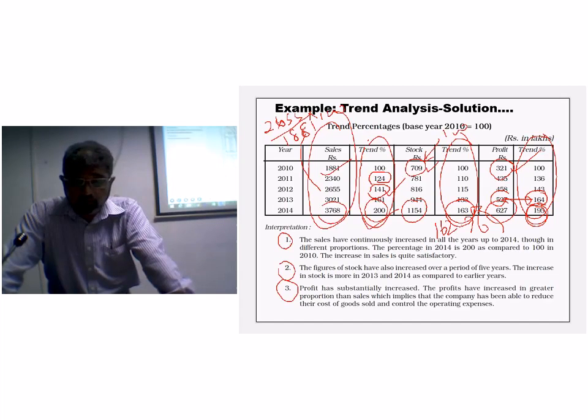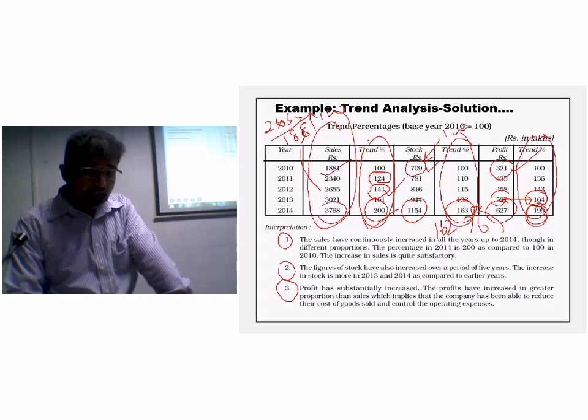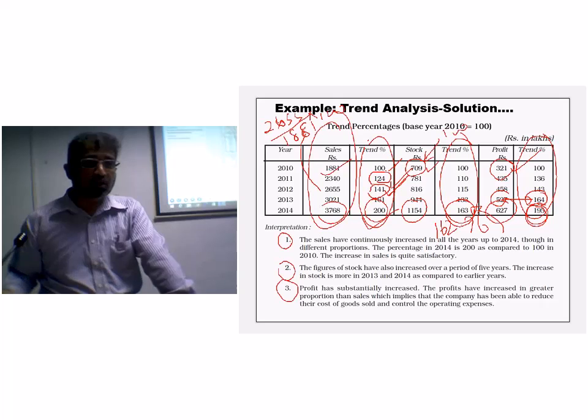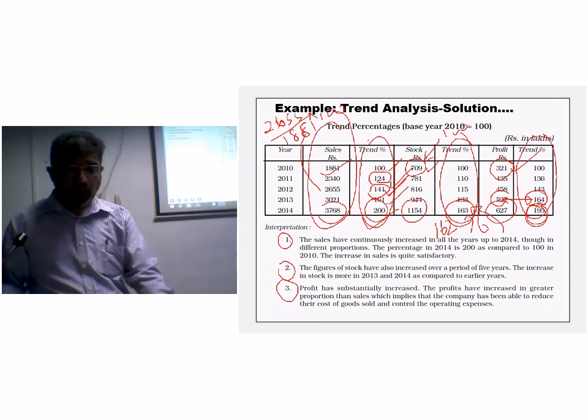The figure in 2014 is 200 as compared to 100 in year 2010. The increase in sales is quite satisfactory. That is the overall comment. But if you have some particular deviation, here you can see 100, 124, then 141, next one 120, we can see some deviation, a change in that direction.